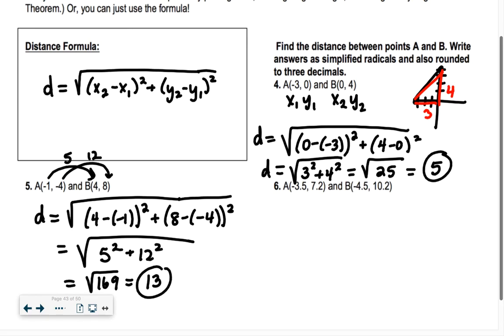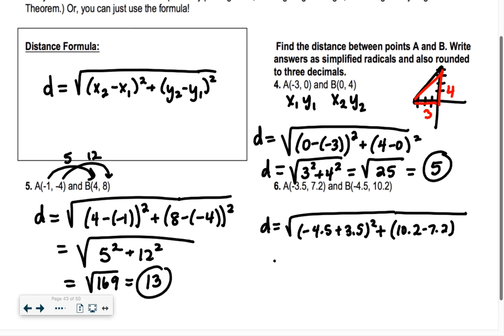Same idea. Okay, so we're going to do negative 4.5 minus a negative 3.5. So it's going to be plus 3.5, right? And then I have 10.2 minus 7.2. So I get negative 1, but it's being squared. And I get 3, and it's being squared. I forgot my square there.